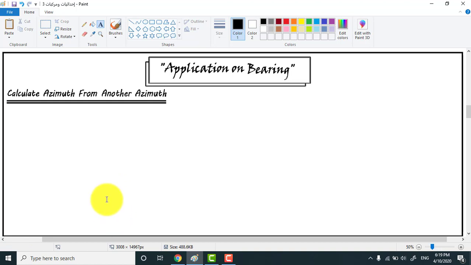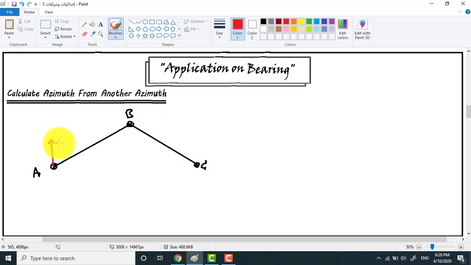If we have two lines, for example LAB and LBC, this line called AB and this line called BC, and we know phi AB equals 45 degrees, and we know the internal angle theta B, for example equals 70 degrees, and want to calculate phi BC.